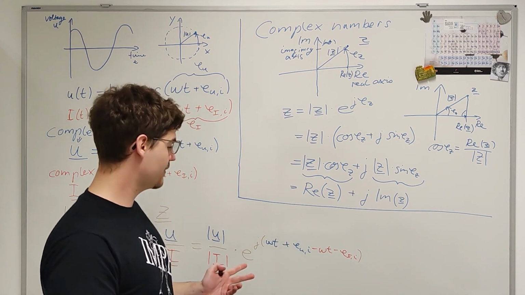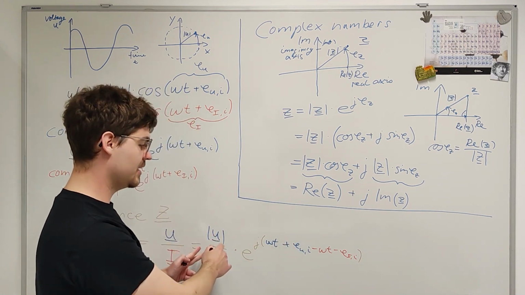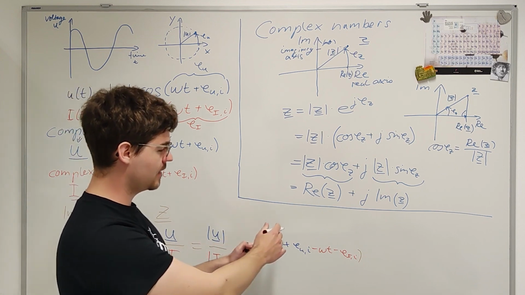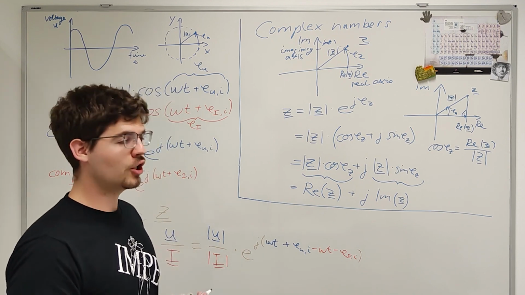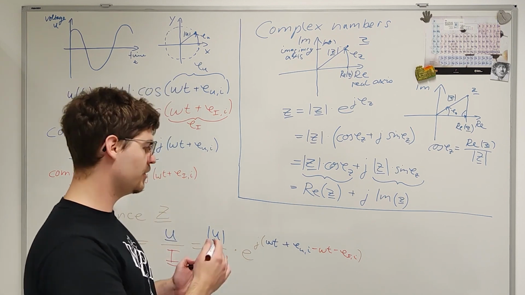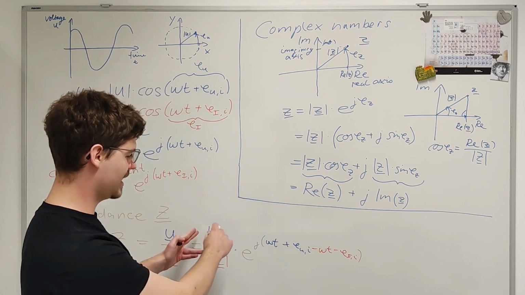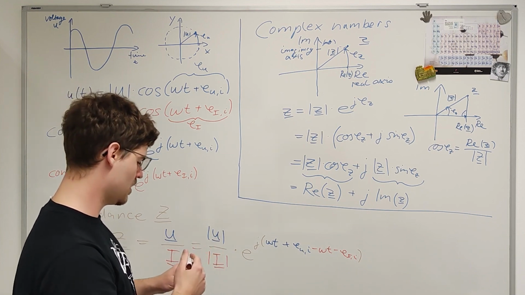So what we receive is some magnitude times e to the j, some constant phase angle, which means that our impedance is not time dependent. We have now found the constant relation between the complex voltage and the complex current.